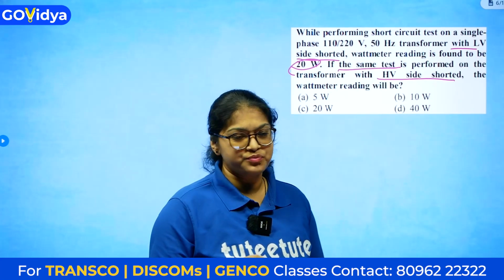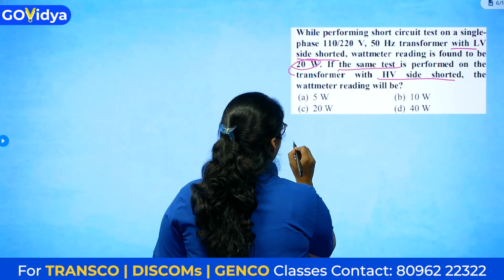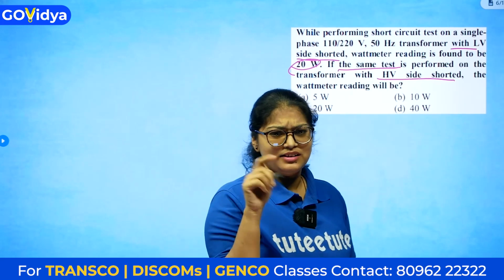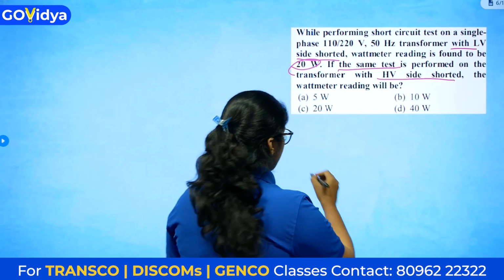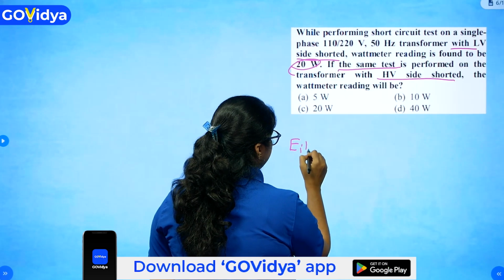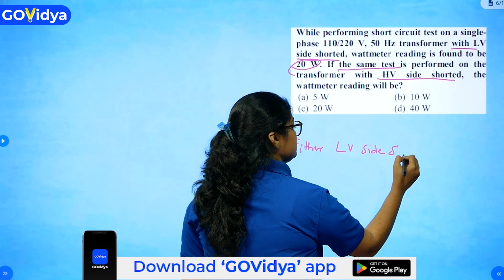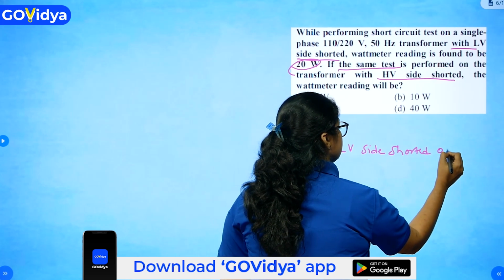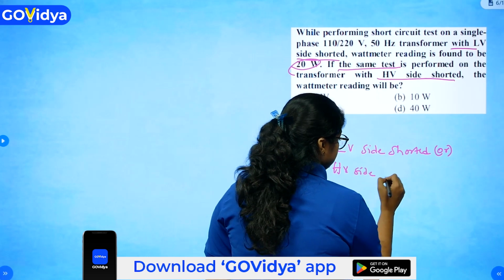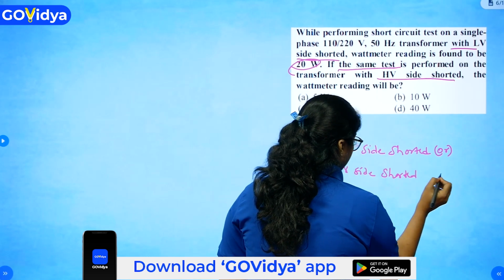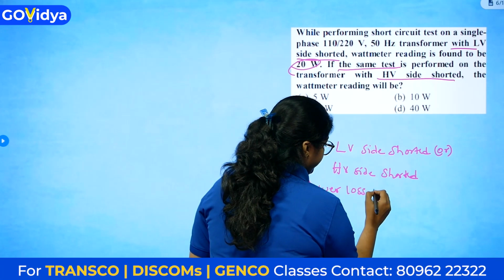So it's very simple: whether the LV side is shorted or the HV side is shorted, the power loss will be the same.